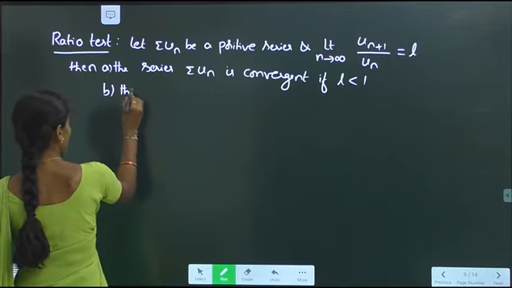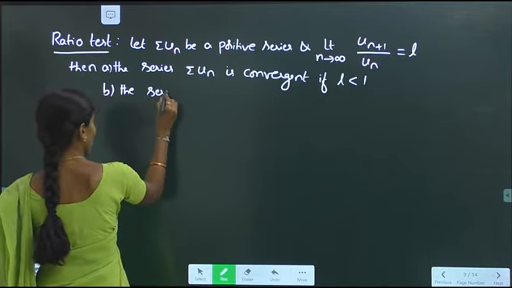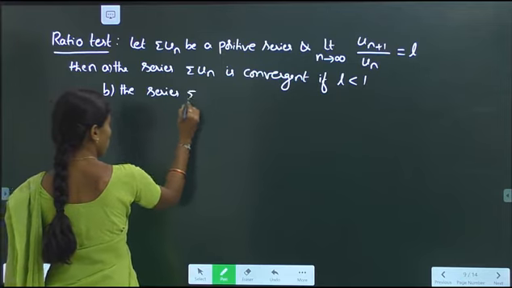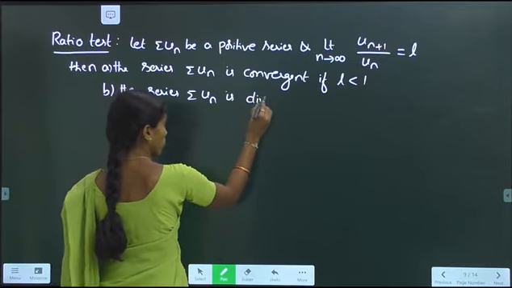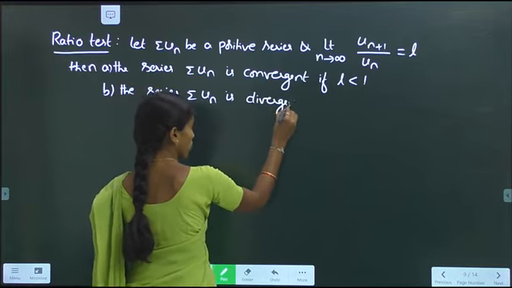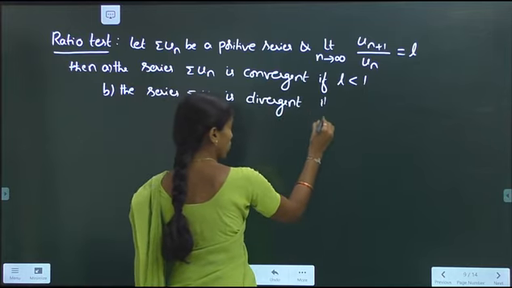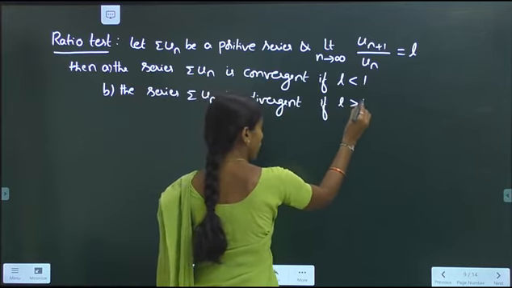The series sigma un is divergent if L is greater than 1.